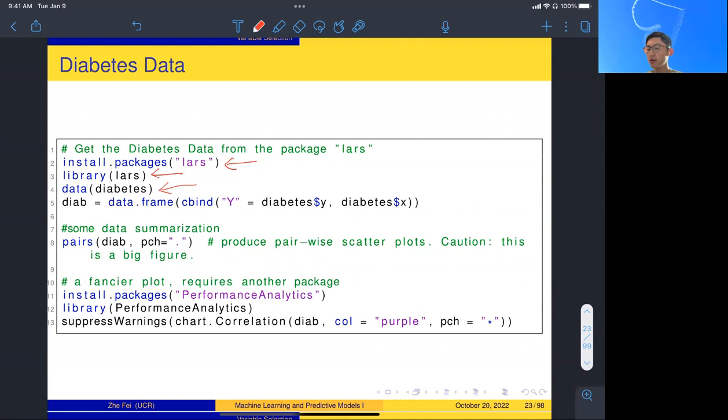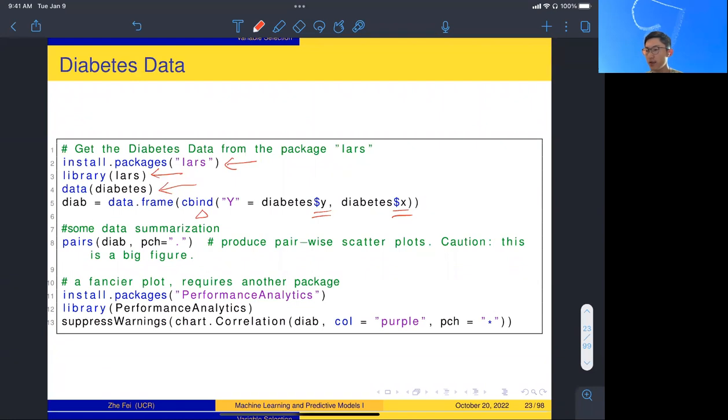Because for the diabetes data, the X and the Y are stored separately, right? So we want to combine them, use the column bind function, right? So this is a column bind function. So we combine our Y and X into the same data frame, right?